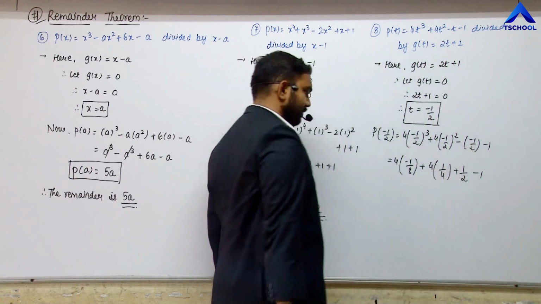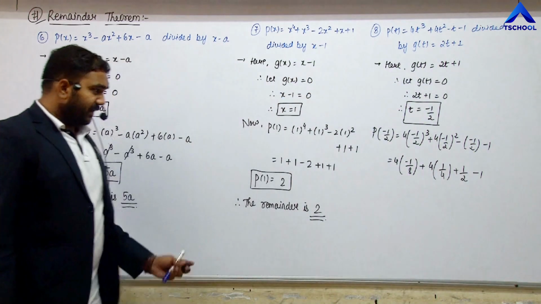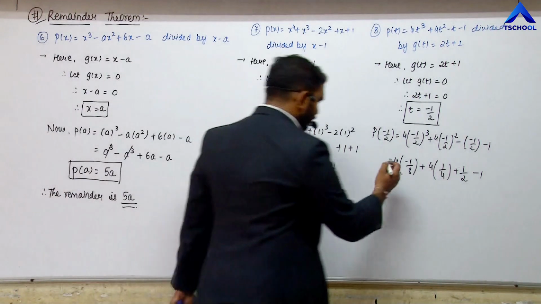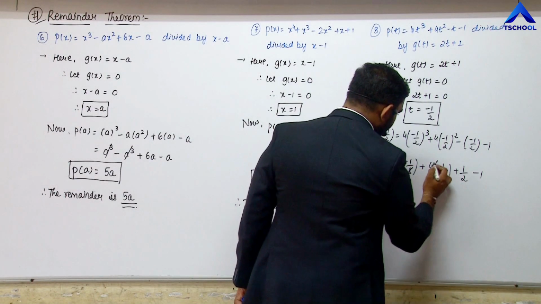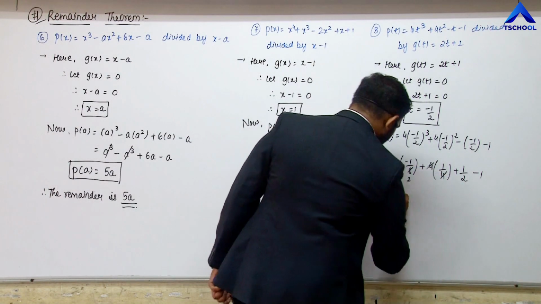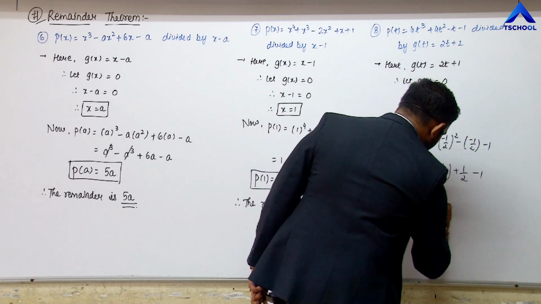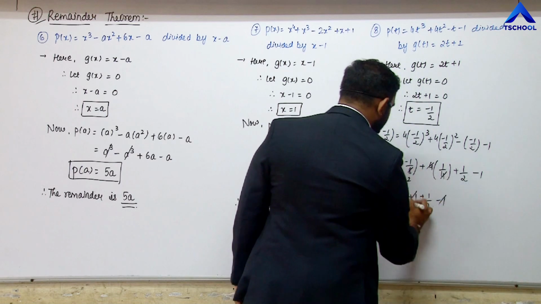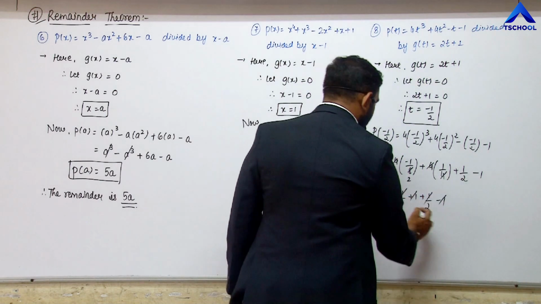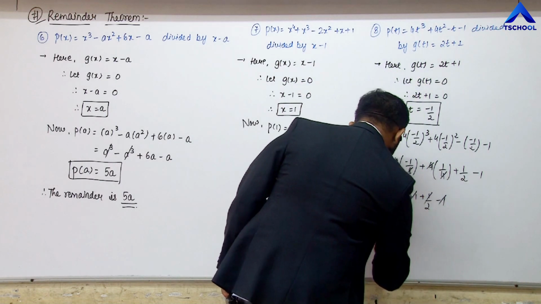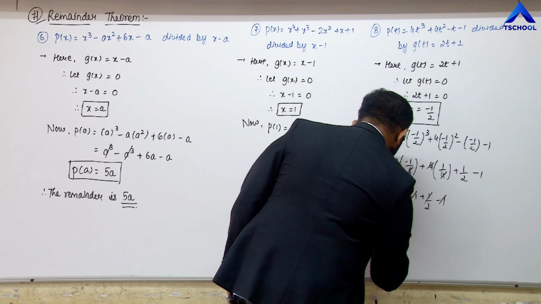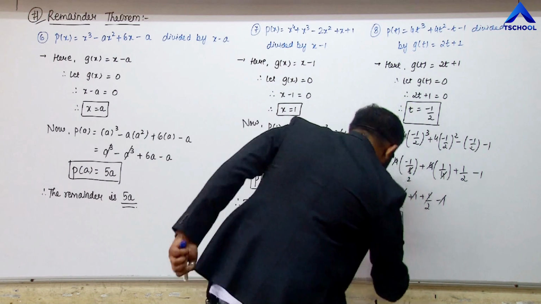This minus minus will become plus 1 by 2, and that is minus 1. You can cancel out this 4 and 8 by 2, this 4 and 4 by 1, that becomes minus 1 by 2 plus 1 plus 1 by 2 minus 1. Minus 1 plus 1 cancel, minus 1 by 2 plus 1 by 2 cancel, and hence p of minus 1 by 2 is equal to 0.